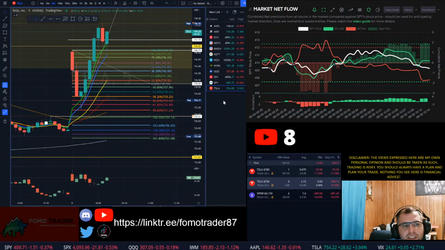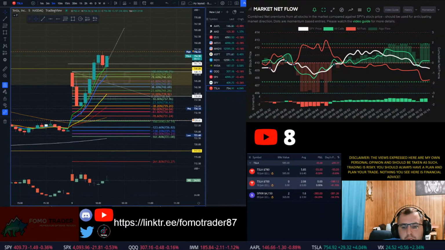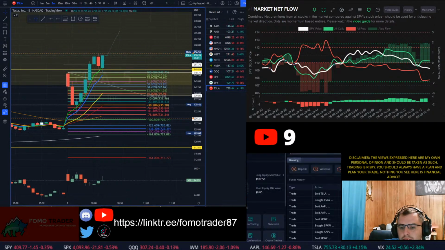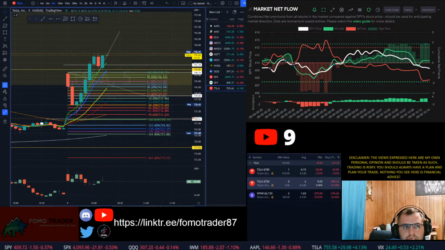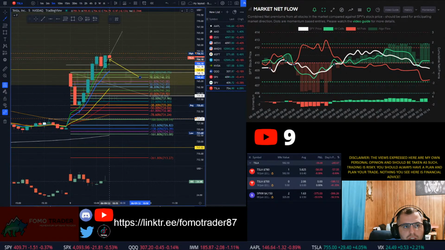Nice spike back here on Tesla. We need a break above high of day, a break out of this bull flag formation. Had that nice push up there, and then just no follow through.